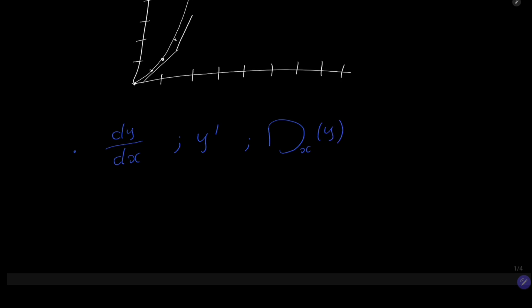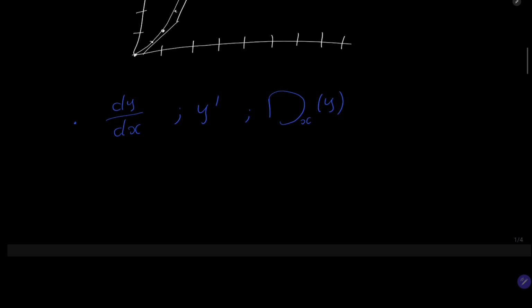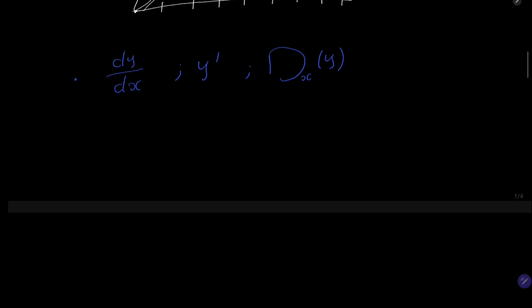Each and every one of these are notations we use to represent the concept of the derivative. So just to know, all these three mean the same thing, which is the rate of change of y with respect to x. So in conclusion, differentiation is the foundation of calculus.